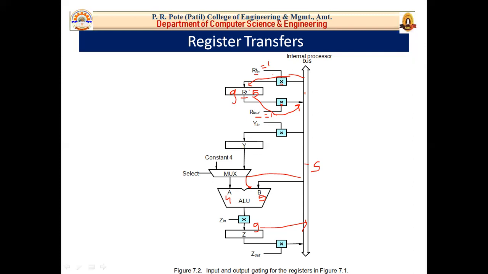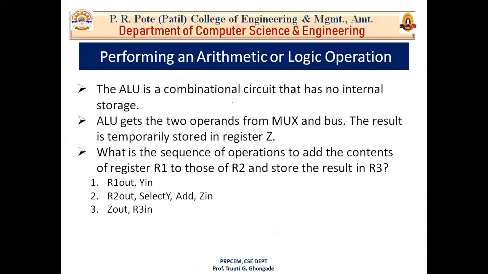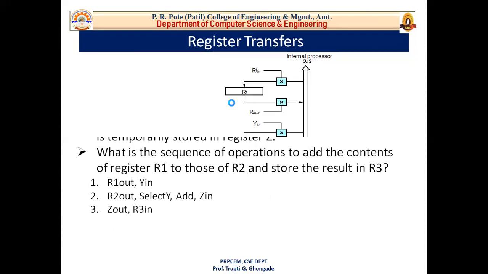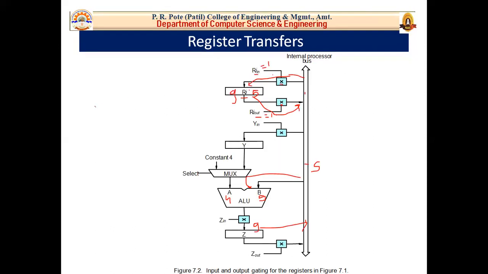So suppose that we wish to transfer the contents of register R1 to register R4. Now let's consider we want to transfer the contents of register R1 to register R4.